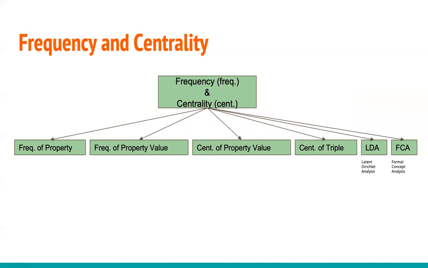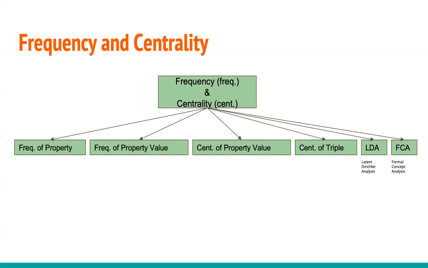And then instead of measuring the frequency, you can measure the graph-based importance using centrality measures of the property value, and then the centrality measure of a triple, that means property and value together. Centrality means, for example, PageRank, graph search algorithms, random surfer-based algorithms, and then LDA, and formal concept analysis that people have done. So these are basically the breakdown of existing systems and the different features they use.